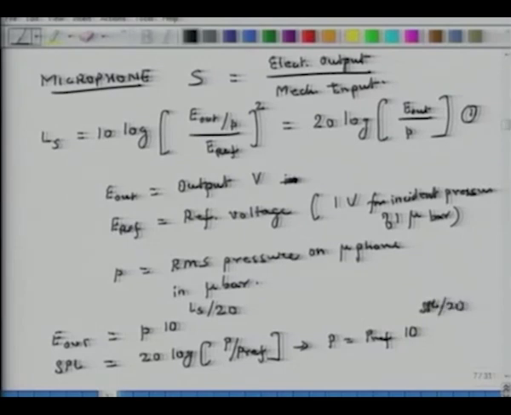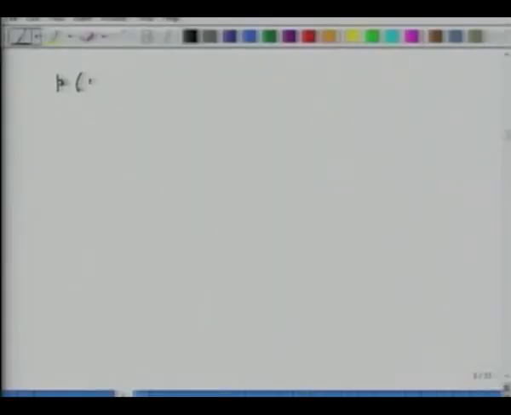And my P ref, the industry standard, is 2 times 10 to the power of minus 5 pascals. So from this what we get is P, and I'll make it explicit in microbars, equals 2 times 10 to the power of minus 4 times 10 to the power of SPL over 20.